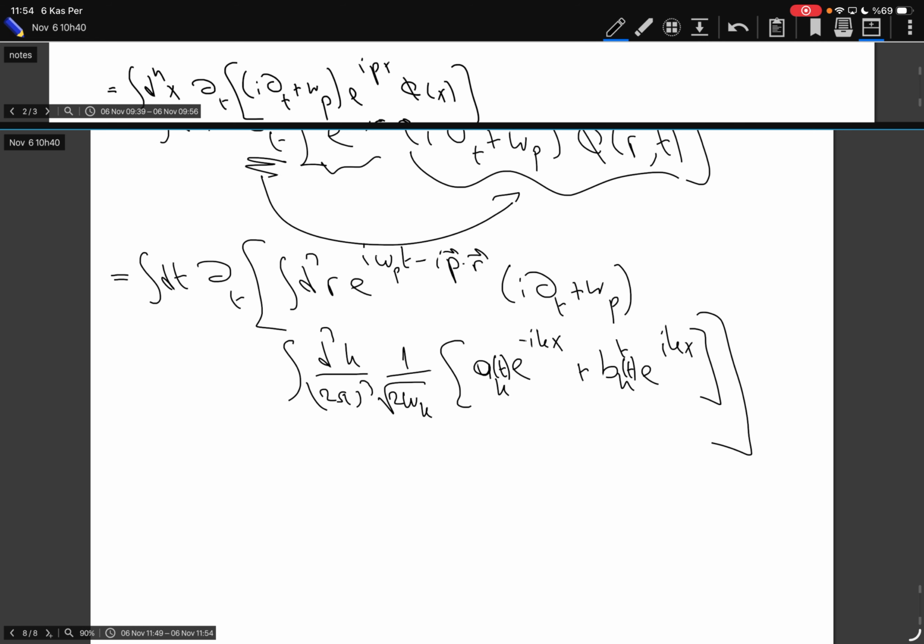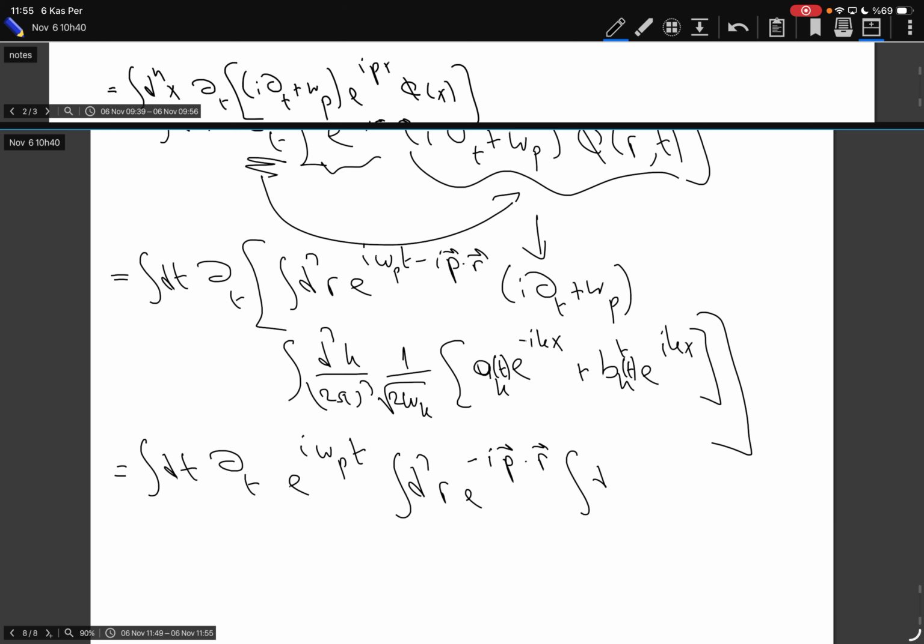So now I will be taking this time derivative over there. I can just ignore the time dependence of a_k and b_k, which will give me, okay, del_t of e^{i omega_p t} d^3r e^{-i p.r} d^3k over (2 pi)^3 times 1 over square root of 2 omega_k.